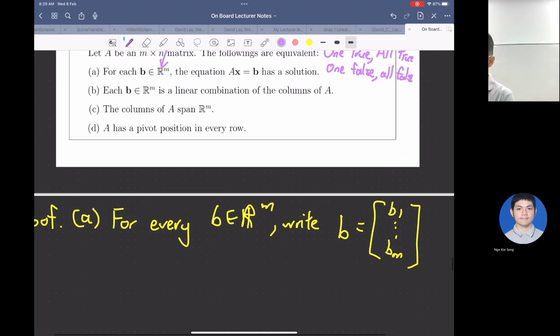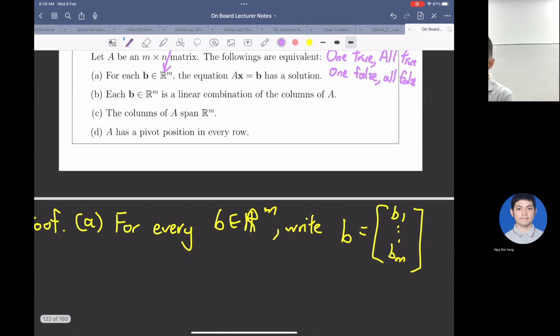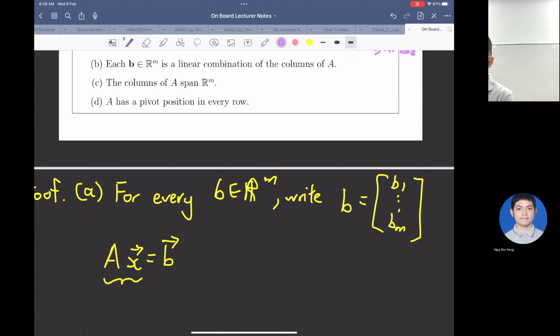Okay. So let's recap what is Ax equal to b. This is what we mentioned in the start. This is a matrix vector product. So what is a matrix vector product?